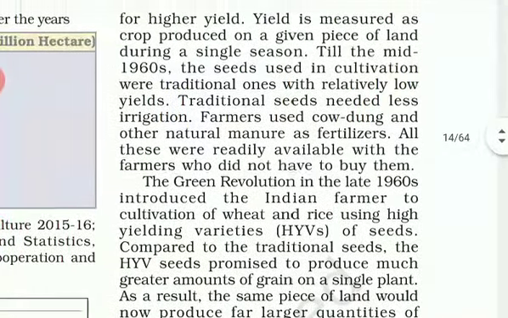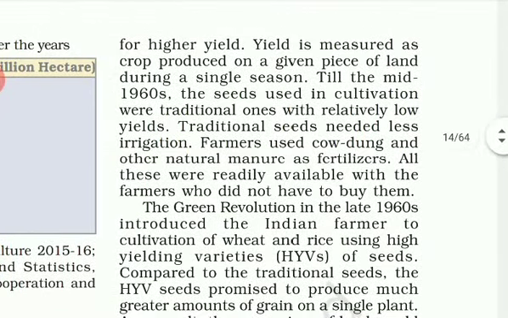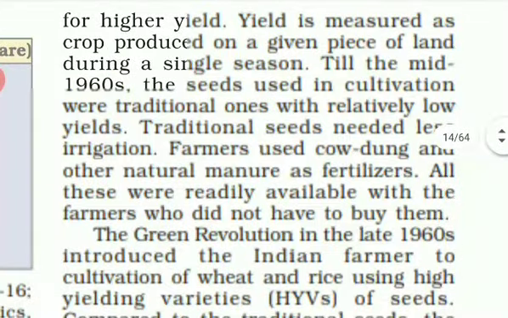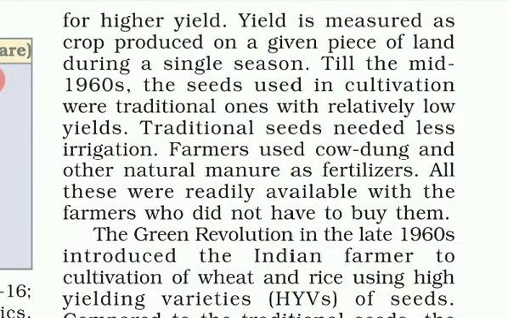Now here we will find that the crop that is produced on a given piece of land during a single season. Now we have seen that there are 3 seasons in which we grow crops.